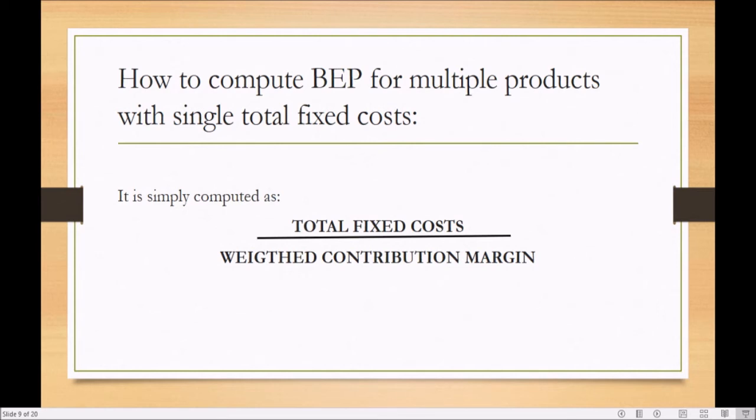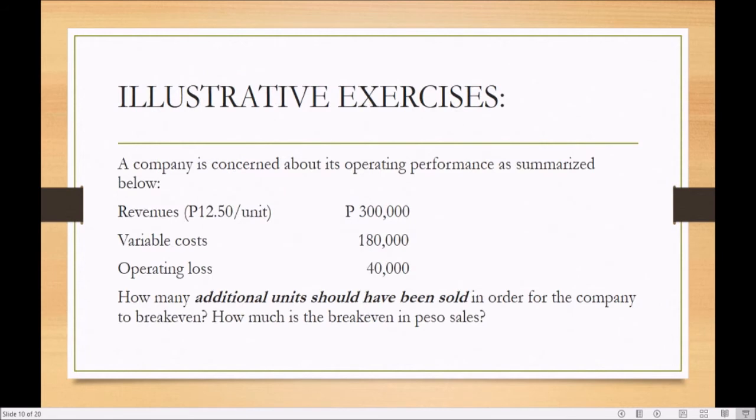Okay? Next. We are now on our illustrative exercises. Let's try to apply all the concepts that I discussed on this exercise. A company is concerned about its operating performance as summarized below. Revenues are 300,000. That is our sales.